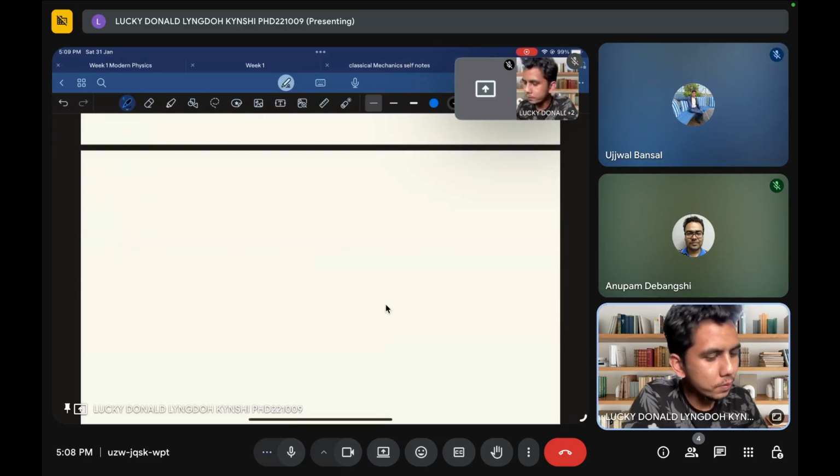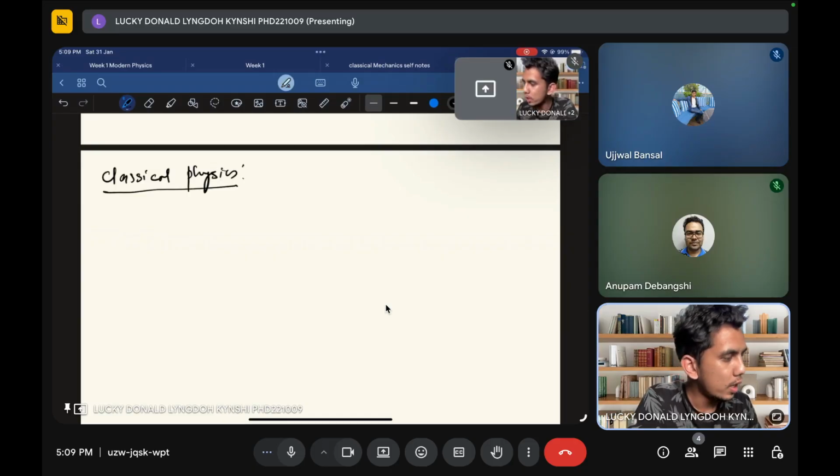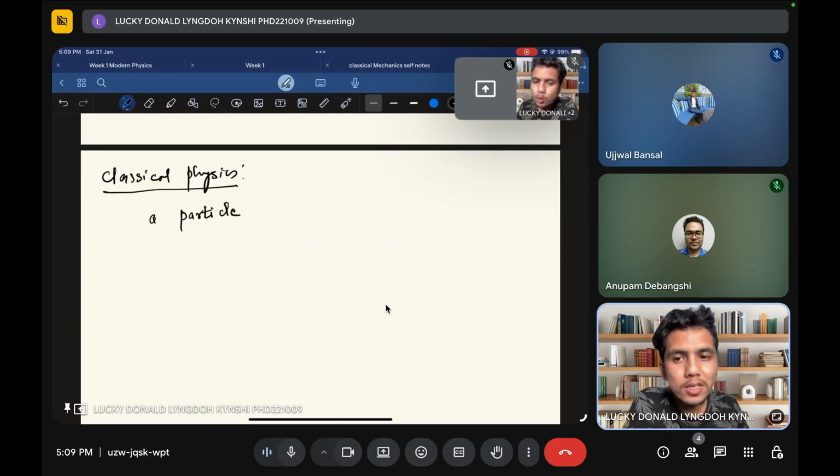So what is the difference between classical physics and quantum mechanics? From classical physics, whatever you have known before, how do we describe a particle?